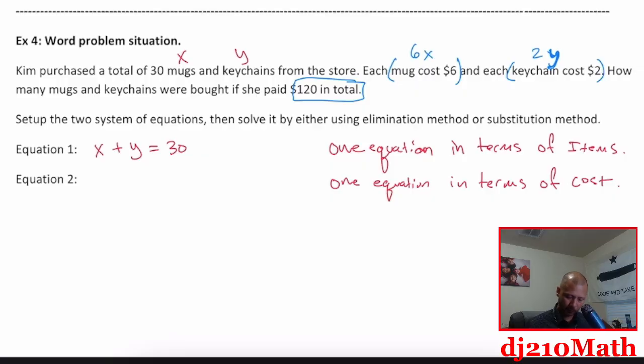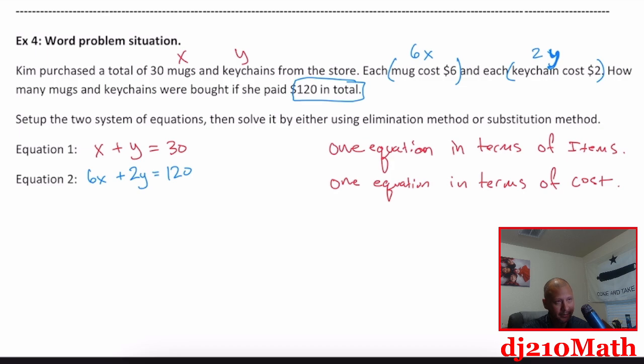So the second equation is going to be 6x, the total cost of mugs, plus 2y, the total cost of keychains, equals the total price itself, $120. And there's our two equations, our system of equations.